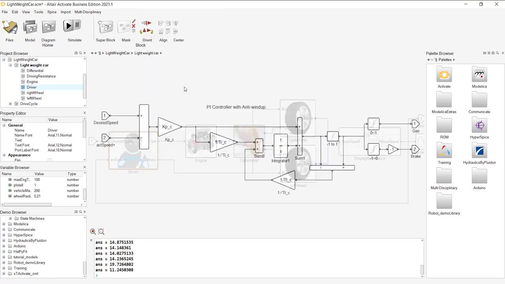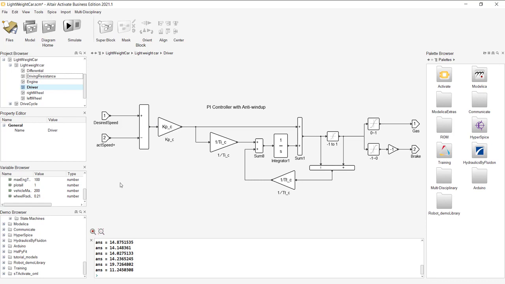And if I go into this driver block, I see that I have my input signal, which is my drive cycle, the desired speed, the velocity of this vehicle, and then a simple PI controller, a proportional and integral controller, that models the engine to maintain the desired speed, to match our actual speed to our desired speed, and try to maintain that while the forces acting against it are occurring. So those are the disturbances.